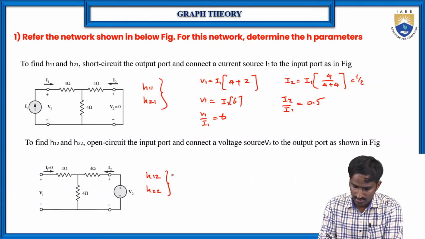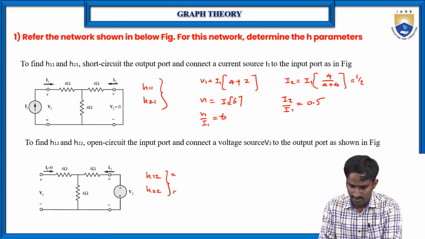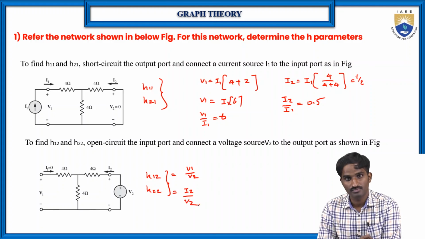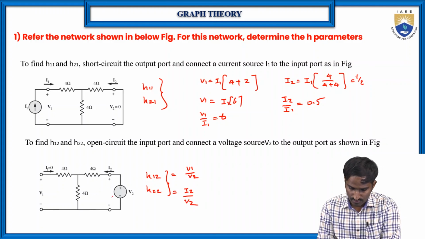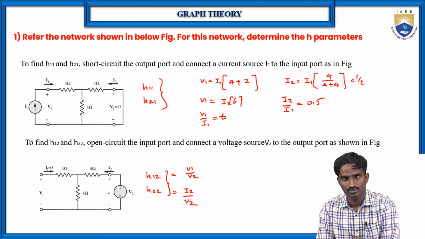Now here are H12 and H22. H12 is equal to V1 by V2, and H22 is equal to I2 by V2. For V1 by V2, let us apply the voltage division rule.